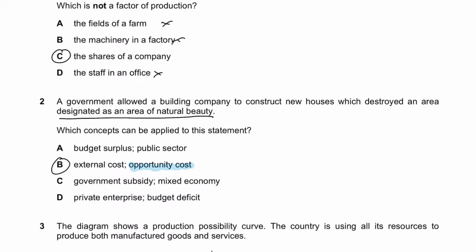Maybe the money could have been spent on building dams. But there's also an opportunity cost to society in terms of external cost, because the whole housing society could have been constructed on some other place other than this place of natural beauty. So there's an opportunity cost as well.